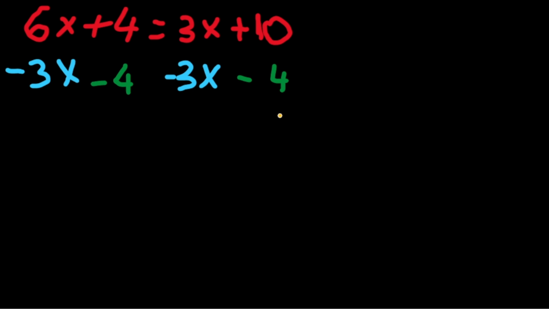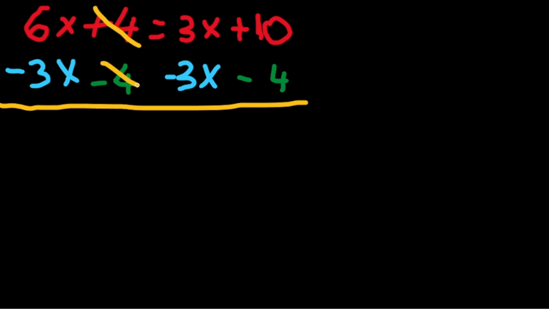And now let's try and solve. I'm going to draw a line here. Plus 4 and minus 4 cancel together. Plus 3x and minus 3x cancel together. So what we're left with is 10 minus 4 equals 6, because we keep the sign of the biggest number.